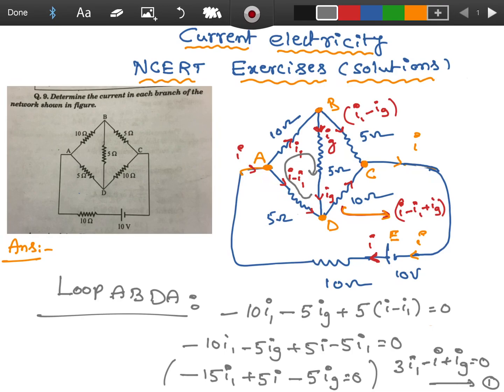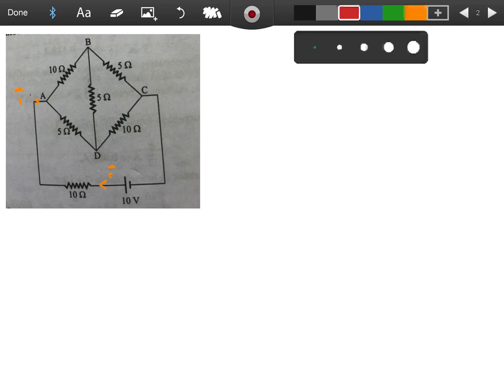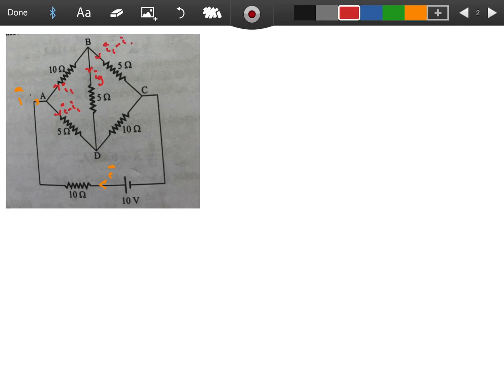From the loop A, B, D, A, this is the first equation. Now coming to the next. I will draw the currents here. I current till here, same current I. Now in this I1 is entering, in this I minus I1, here it is IG, here it is I1 minus IG.